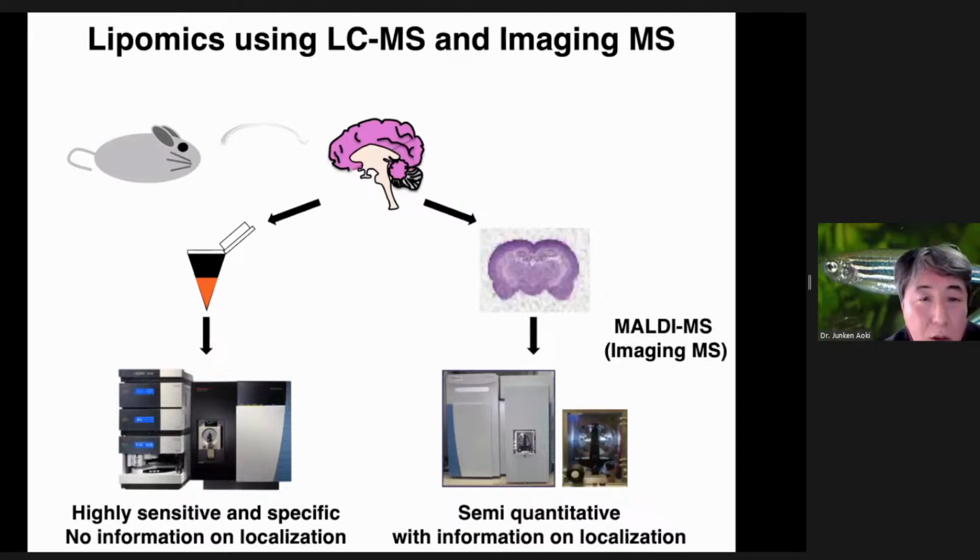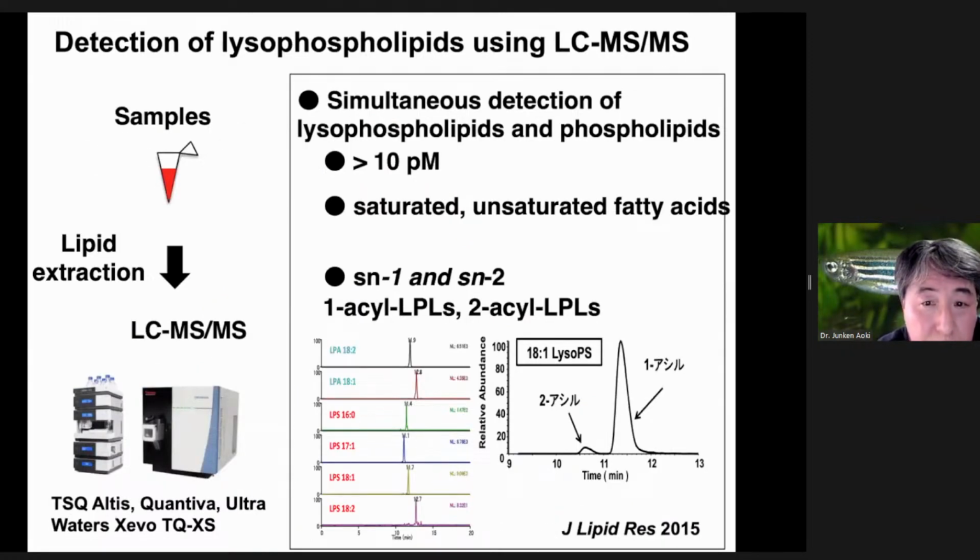We are performing lipidomics analysis using two types of mass spectrometry. One is LC-MS, which analyzes lysophospholipids in plasma or tissues. The other is mass imaging, which can localize phospholipids, including lysophospholipids, in tissue sections.